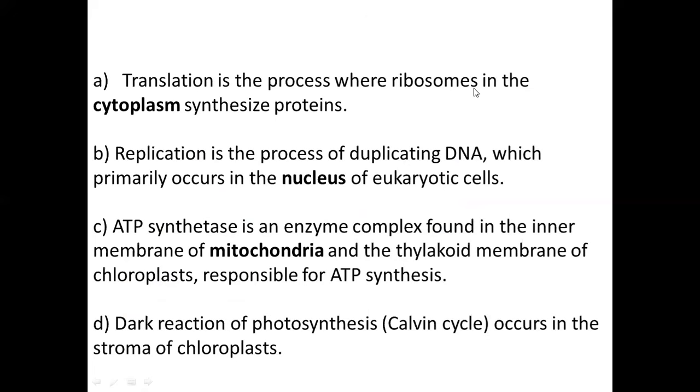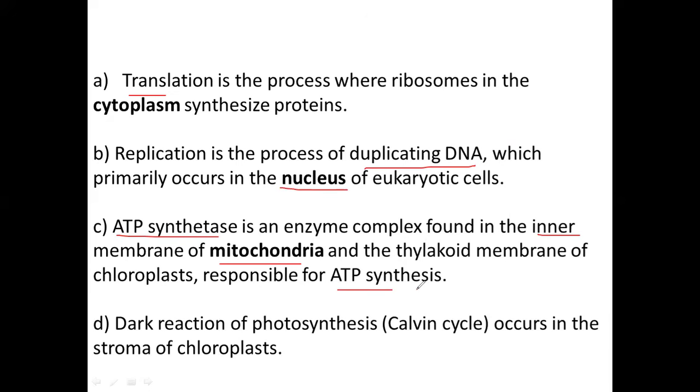So ribosomes synthesize అవుతుంది. Like in the ribosomes, proteins will be synthesized in the cytoplasm, which we call it as translation process అని అంటాం. So replication, duplication of DNA into two cells, that will be occurring in the nucleus. Next is ATP synthetase. It will be generally present in the mitochondria, especially inner membrane of mitochondria.